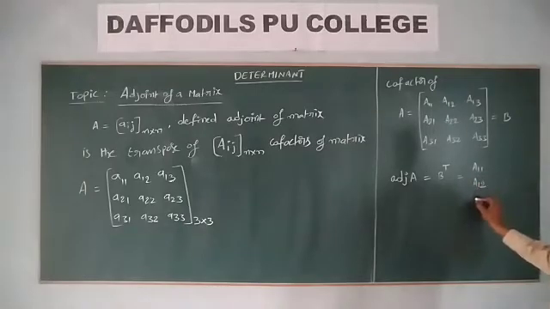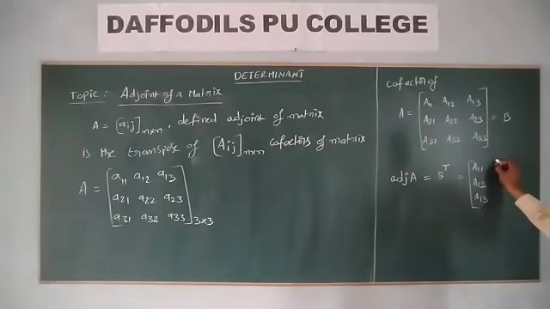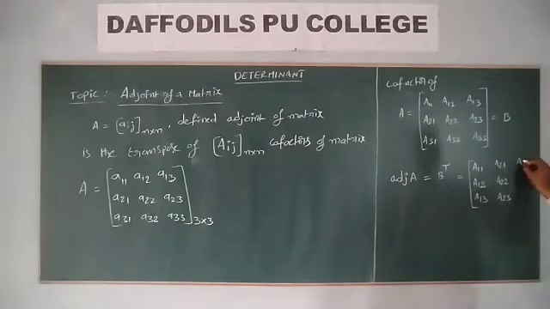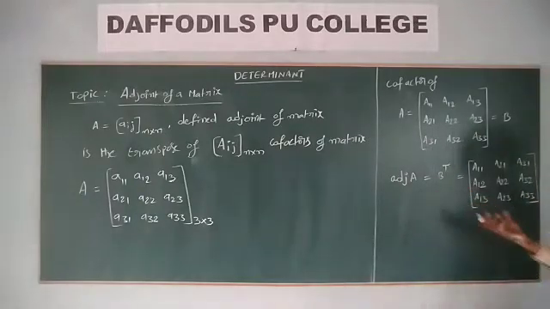A11, A12, A13, A21, A22, A23, A31, A32, A33. So this is the adjoint definition.